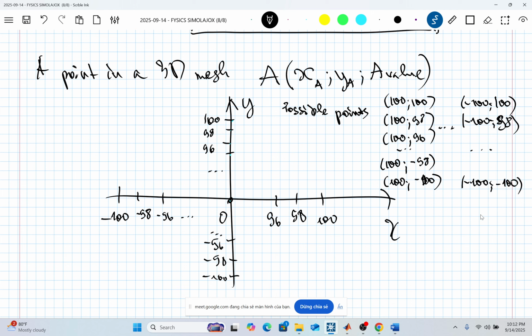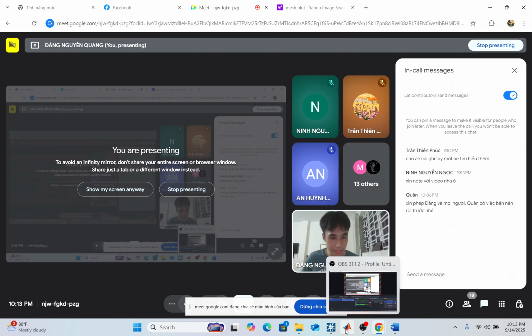Okay, so basically after you have a set of possible points of x and y, you would like to create a set of 2D coordinates, and you will use this position to get your potential field. That's that.